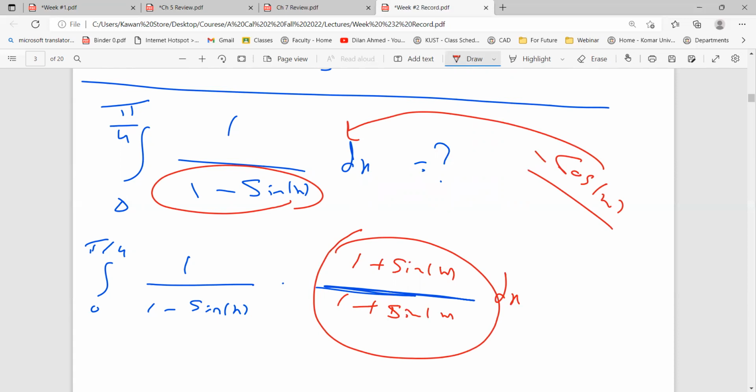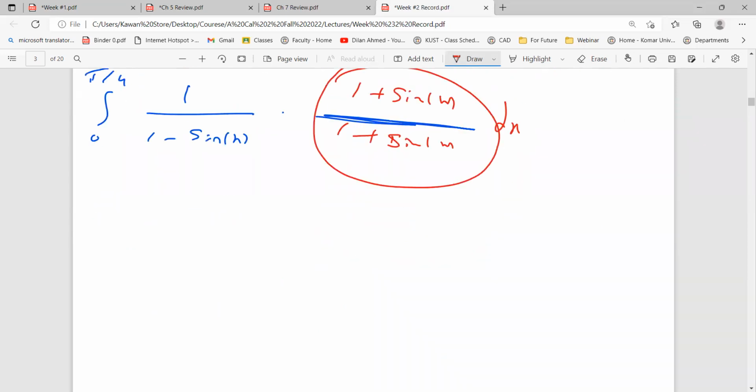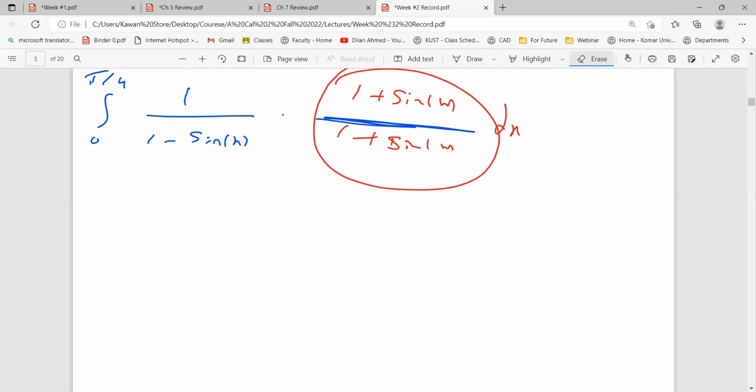If you think we multiply by minus cosine of x over minus cosine of x, let the denominator be u. u is 1 minus sine of x, right?